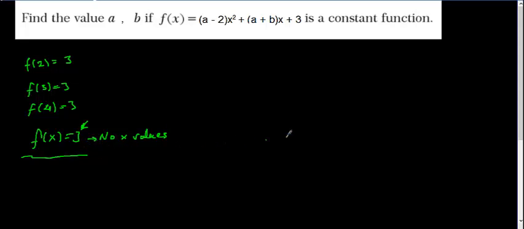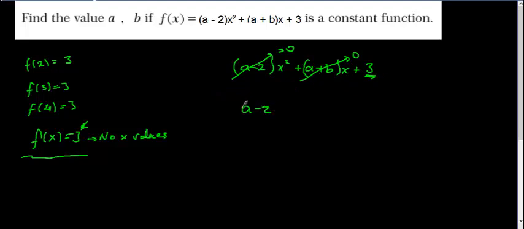So in the question, it is written (a minus 2)x squared plus (a plus b)x plus 3. If this is the function, we are sure that a minus 2 is equal to 0 and a plus b is equal to 0. There should be only the constant value 3 here.